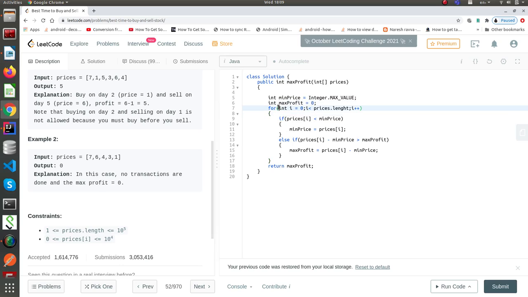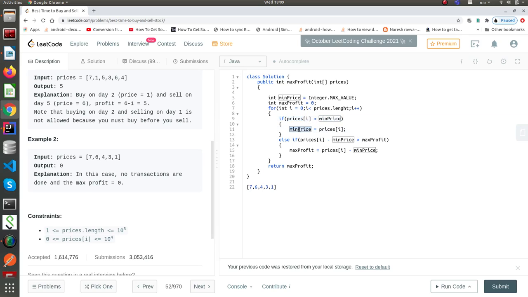For the first for loop, when we run this loop, the value of i is 0. So we'll take this as an example. Here, if you see price of i, price of 0 is 7, and it is less than min price, which for the first time is the max value.